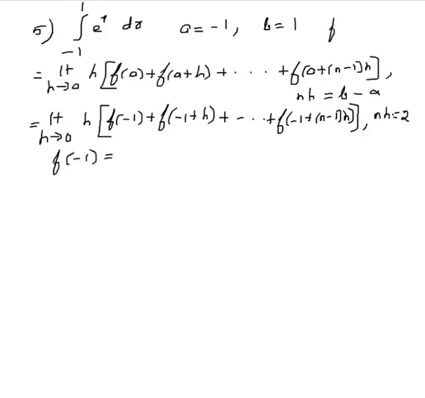F of minus 1. F of x is e power x. So f of minus 1 will be e power minus 1. Then f of minus 1 plus h, which is e power minus 1 plus h.